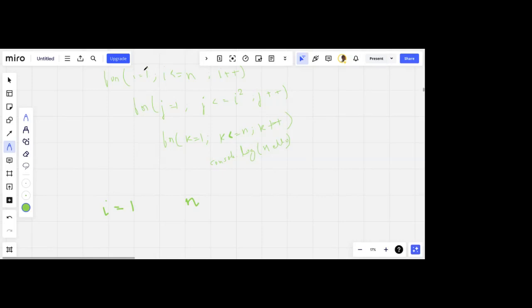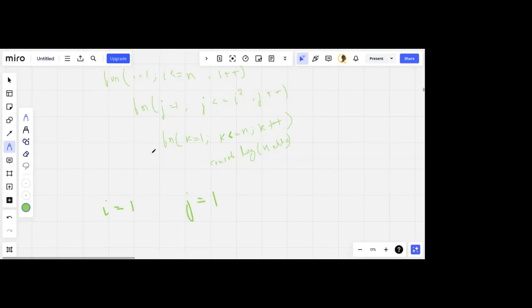See, when i equal to 1, i less than equal to n, it will go inside this loop. For j equal to 1, j less than equal to i square, i is 1. When i is 1, the j loop will be executed one time because of i square.